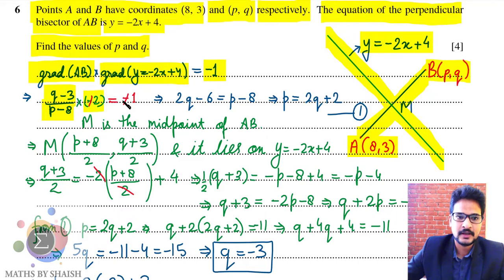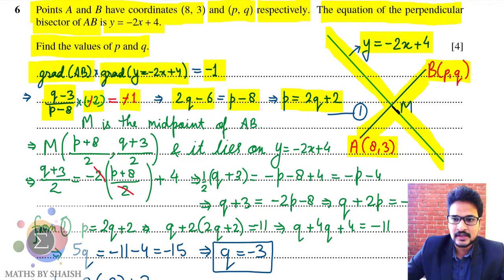So we multiply, then it is minus 1, we can cancel minus minus, now it is plus, and then cross multiplication. We got 2 times (q minus 3), 2q minus 6, and p minus 8. So from here we got p equals 2q plus 2. We can make it equation number 1, because that is the first relation between p and q.